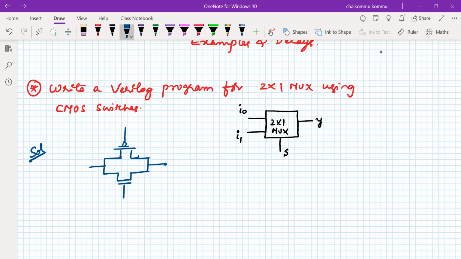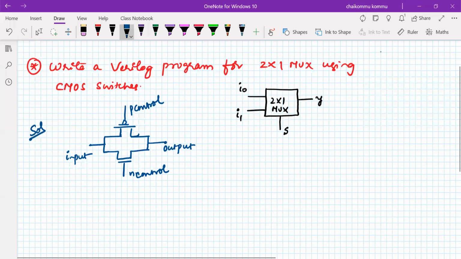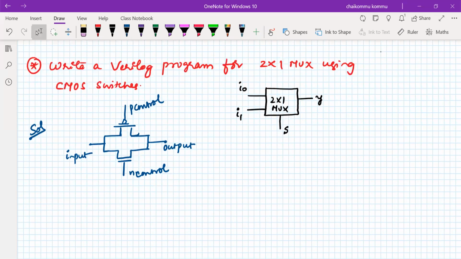So this is the CMOS switch. We call this the N control, this the P control, this an input, and this an output. So now these are the switches with which he has asked us to write a Verilog program.